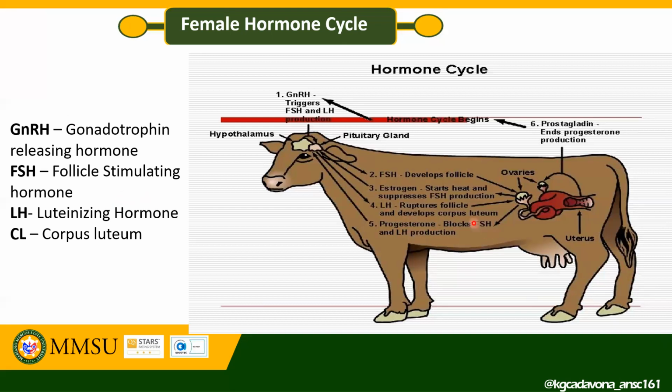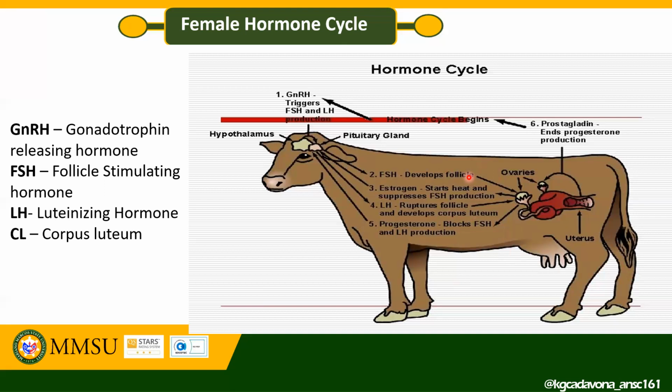Also, etong hormone din na to, si LH, ang nagiging dahilan for the development of corpus luteum from the follicle after the egg is being released. Okay? So parang lahat ng mga hormones na to ay konektado. Okay? So kailangan maintindihan ninyo ng mabuti to.